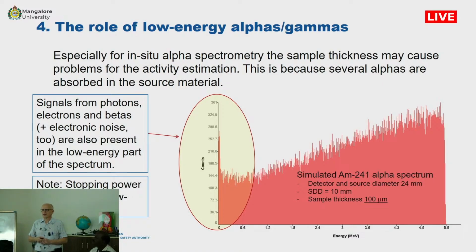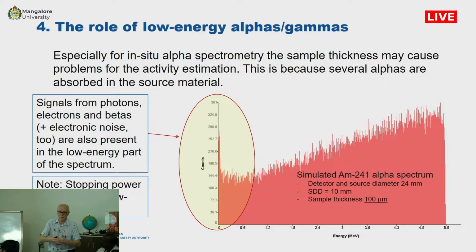Well, this is not an easy issue. However, it can be taken into account by using this ASI software. But we do not, in fact, know basically how many counts are here which are below the energy of 0. I mean, which are totally absorbed, because the sample is so thick.